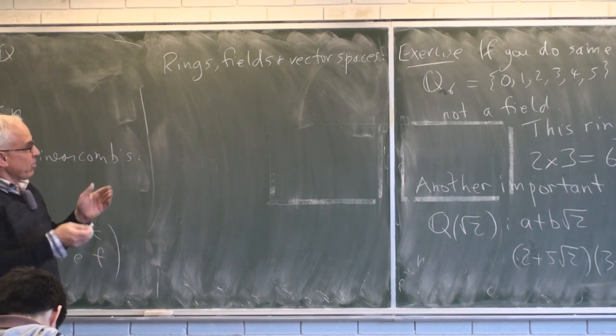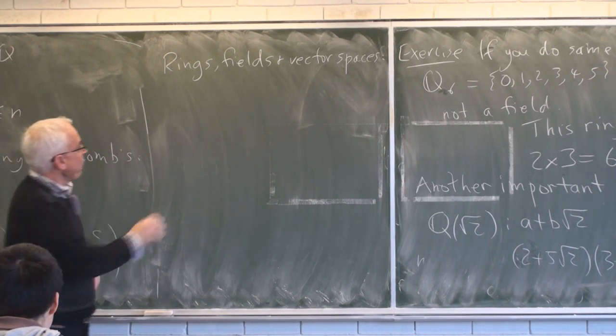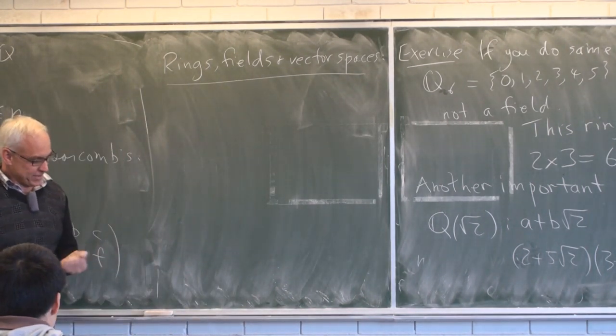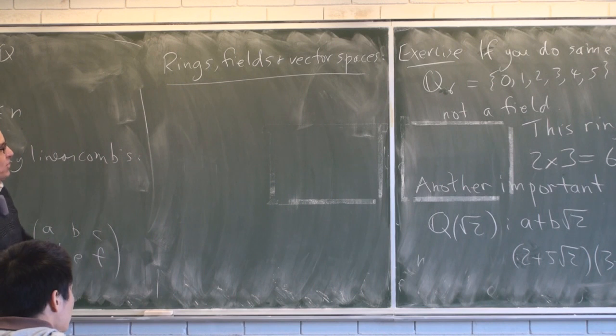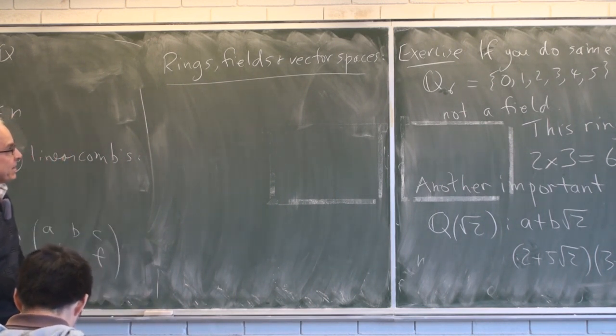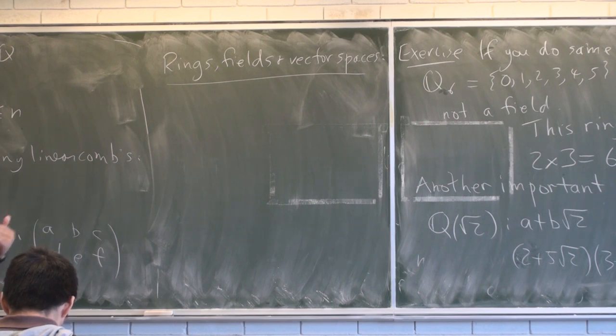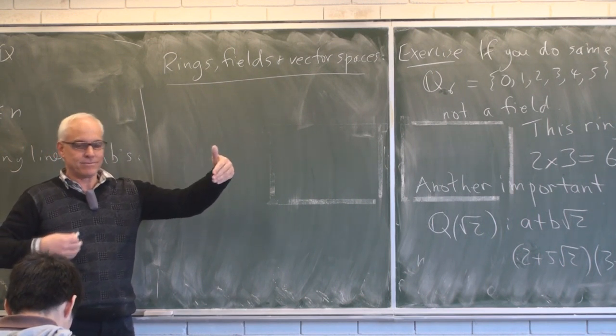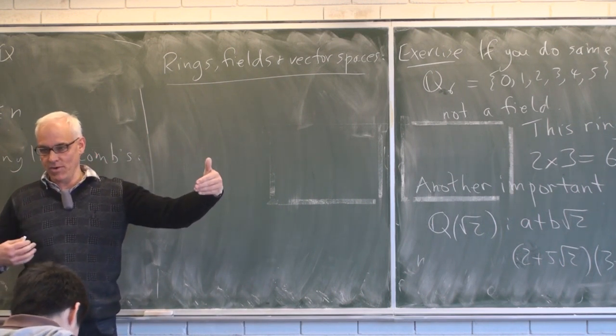So next time we're going to talk about groups, but before we go on to groups, I should mention that when you develop the theory of these things in more depth, there are certain things that you do that repeat themselves almost no matter what algebraic type of object you're working with.